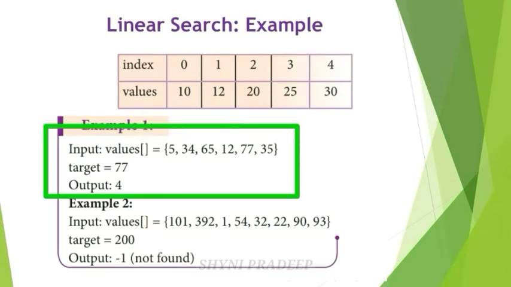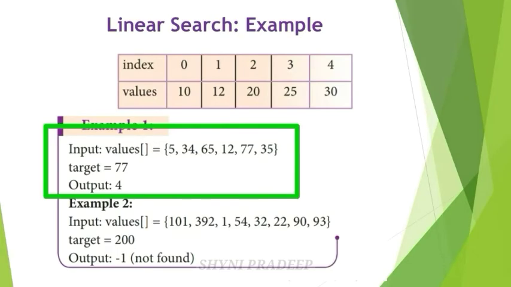See the next example. Here the input values, which means the collection of elements, are given: 5, 34, 65, 12, 77, 35. Now we are going to search the key element 77. Our target value, our key element value is 77.